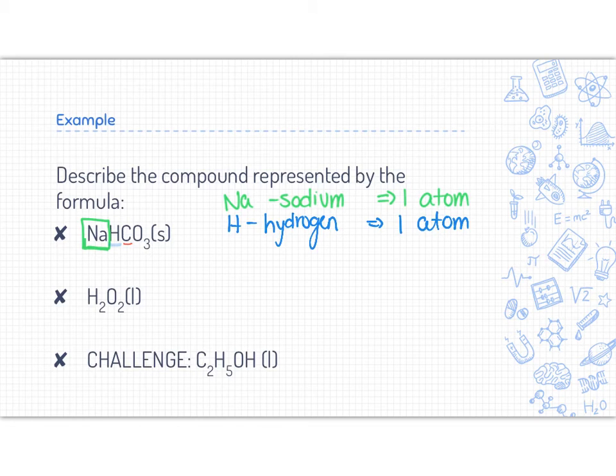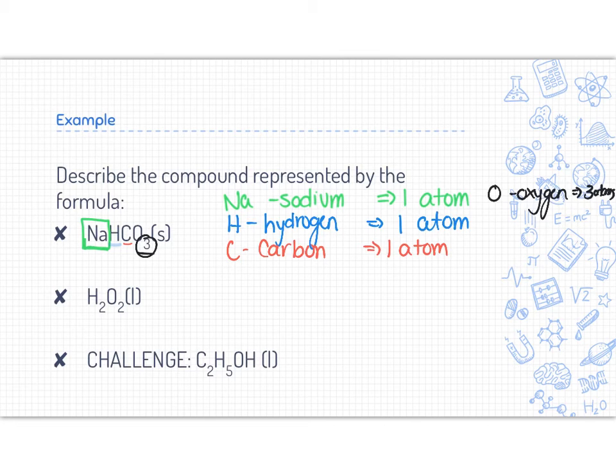Next up is C. C is carbon. There's only one atom of carbon. And last but not least is oxygen, O. Because there are three, we know there are three atoms. There's three because of the subscript below.